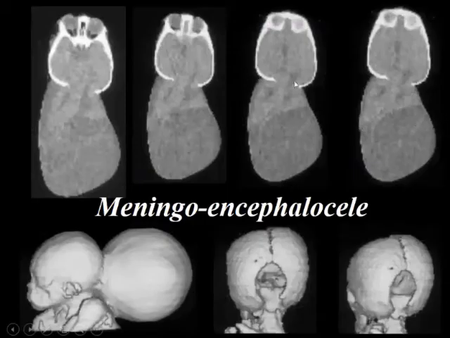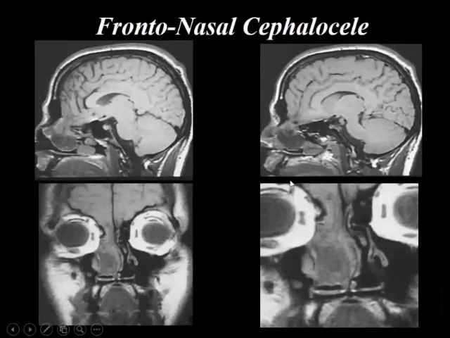So we can also do a CT in these kids and see what the defect is so that you can plan how to close the defect. Now, one thing which is tricky is especially frontonasal cephaloceles. Along the floor of the anterior cranial fossa, you'll start seeing a mass within the nasal cavity, and you think that yes, it could be a polyp sometimes, but sometimes you could be proved wrong.